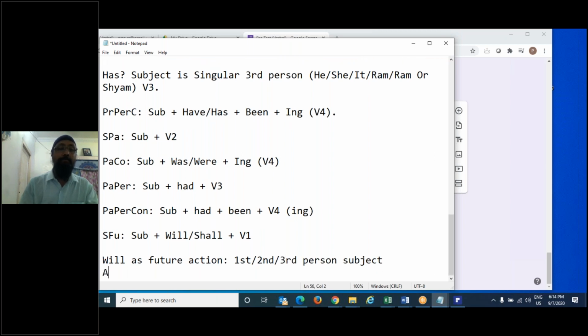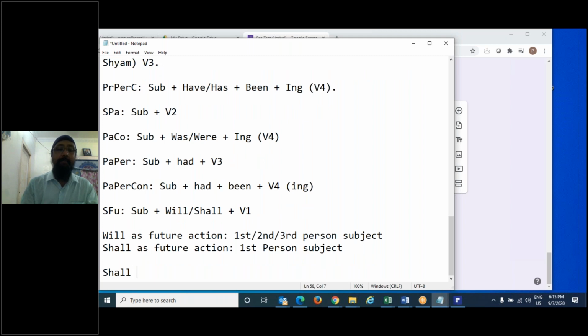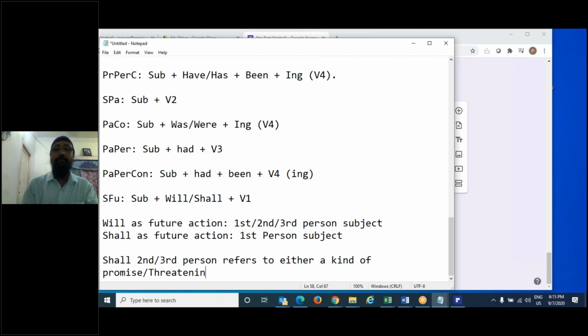However, shall as a future action can only be used with first person subject and no other subject, because the use of shall in second and third person refers to either a kind of promise or threatening.